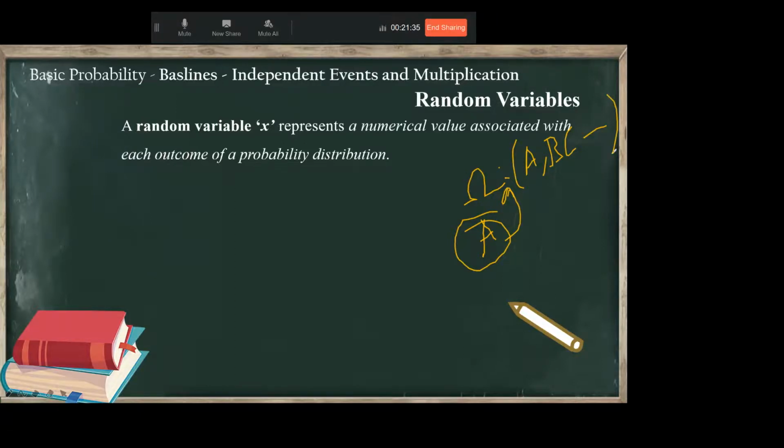If we go further and take an example, for example, if I toss or flip three coins, what will my sample space be? Can you find out what my sample space will be? Three coins means how many outcomes?